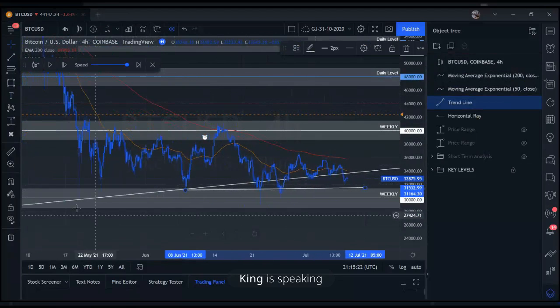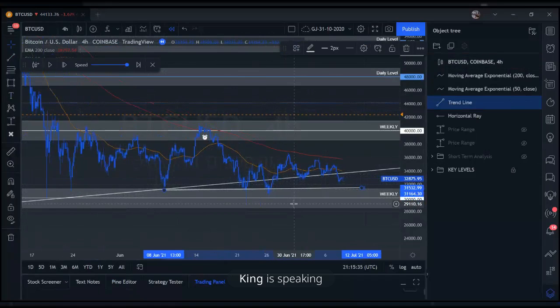Saying that though, we can see that these lows are kind of being respected. We're getting buying once we come into these levels.